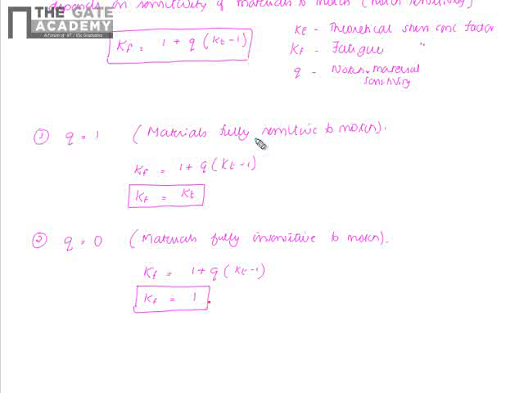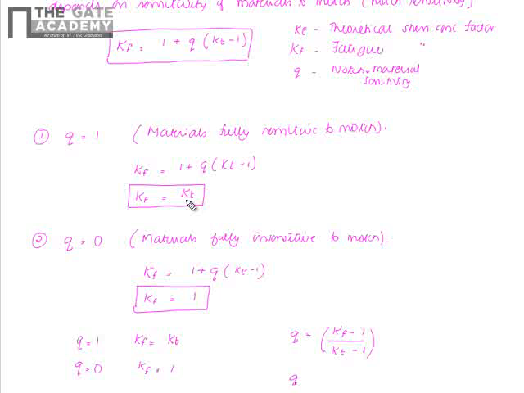And for the materials that are fully sensitive to notches, the fatigue stress concentration factor is taken as the theoretical stress concentration factor. So, we can summarize as follows: Q is equal to 1, then Kf is equal to Kt, or Q is equal to 0, then Kf equals 1. Or the notch sensitivity can be written as Kf minus 1 by Kt minus 1.